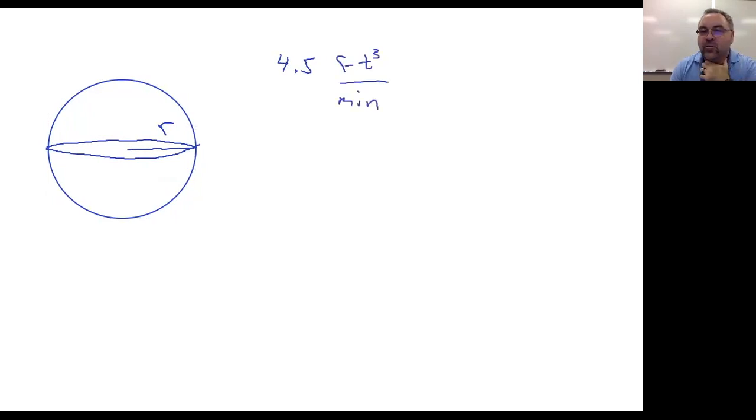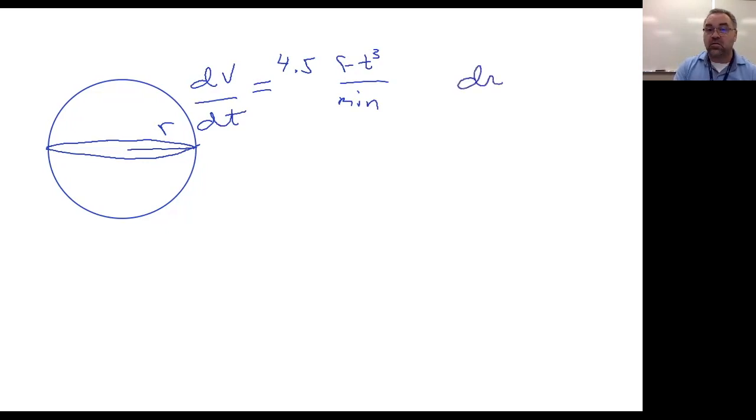Does that sound like the rate of change of something? Cubic feet per minute, that's a change of volume. That's right. See how I did that? I figured out by the units, cubic feet, that it had to be volume. This time, they want us to answer a different question. They want to know, how fast is the radius changing?